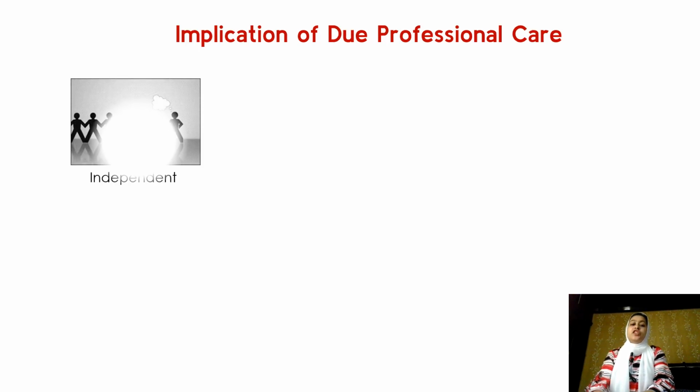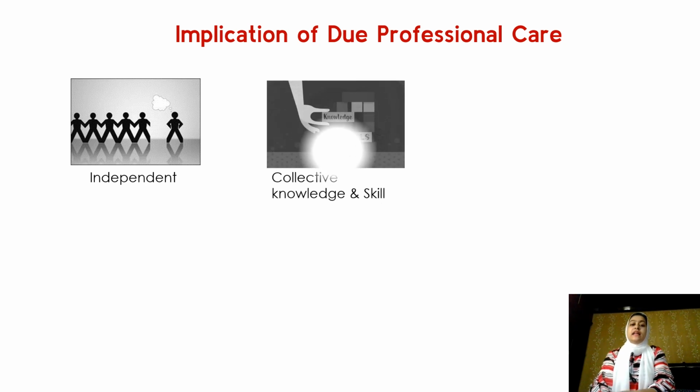Now, what are the implications of due professional care? The first thing is the internal auditor should be independent of the activity they are auditing. Secondly, the persons doing the internal audit should collectively possess the knowledge, skill and competencies to conduct the audit work properly and objectively.